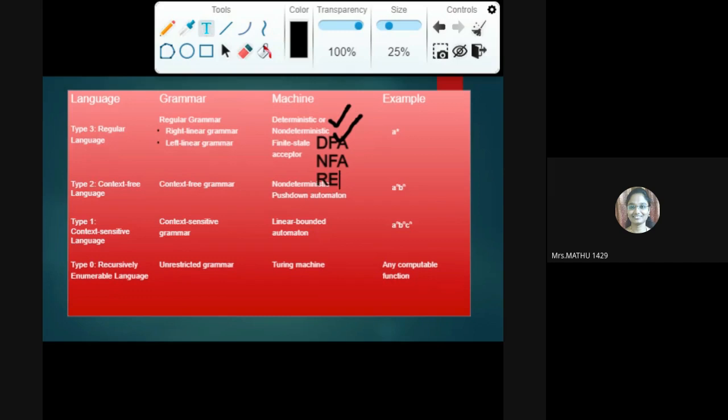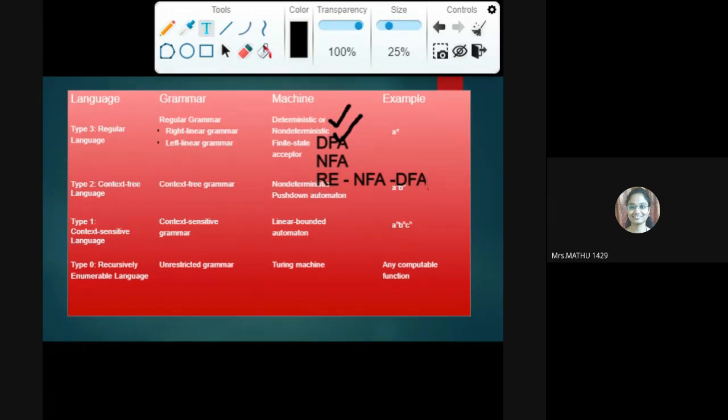If you have a regular expression, you can convert it to an NFA, and if you have an NFA, you can convert it into a DFA. All these conversions we are going to study in the upcoming classes.